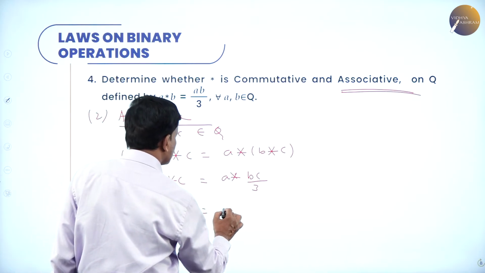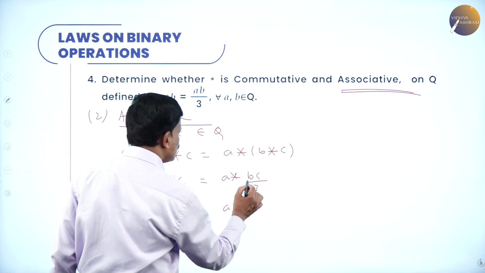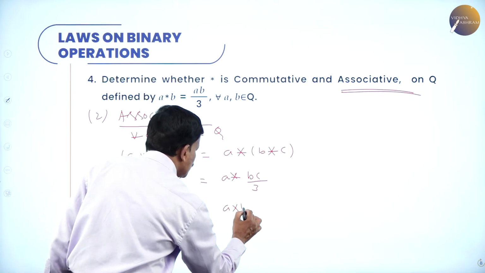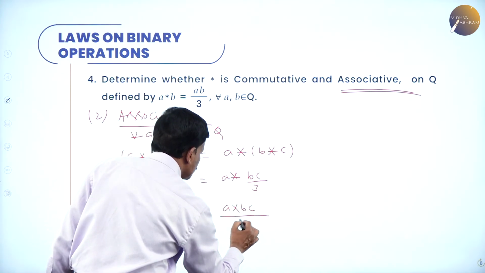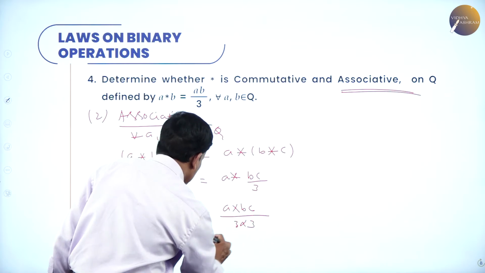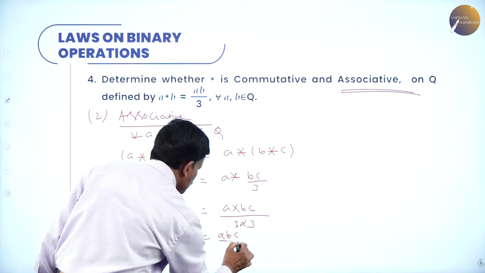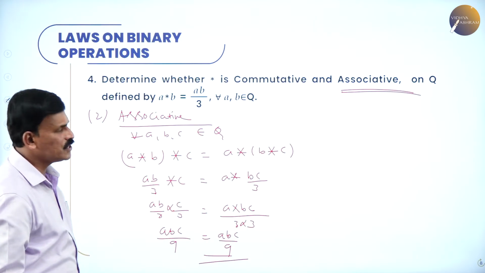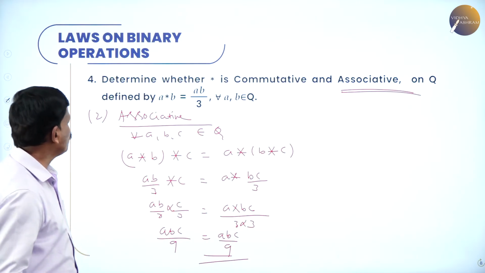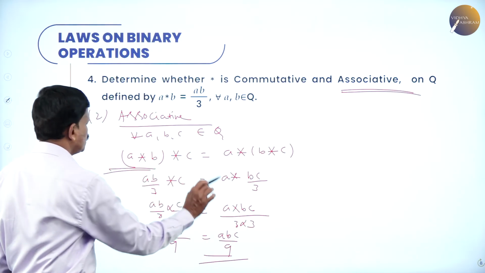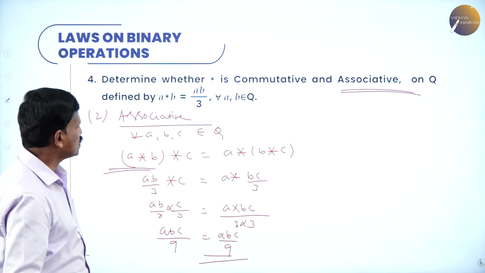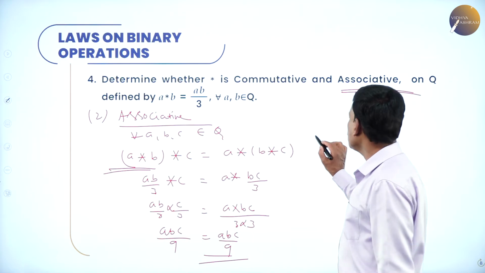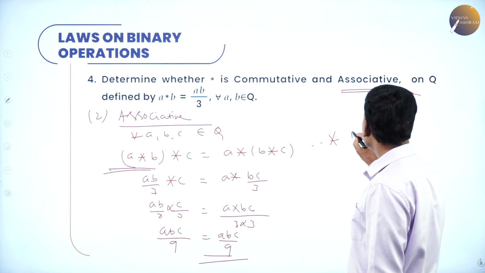Here also, A star (BC divided by 3) can be written as A into BC divided by 3 into 3. So this can be written as ABC divided by 9. What do you say? ABC by 9 is equal to ABC by 9. Therefore, this condition is satisfied. (A star B) star C is equal to A star (B star C). Therefore, star is associative.